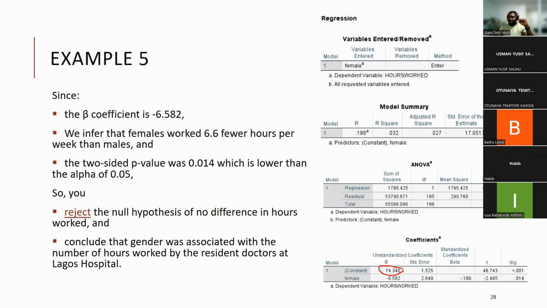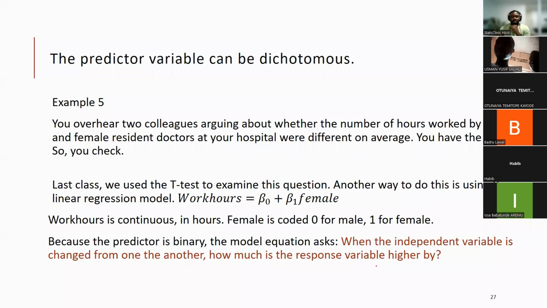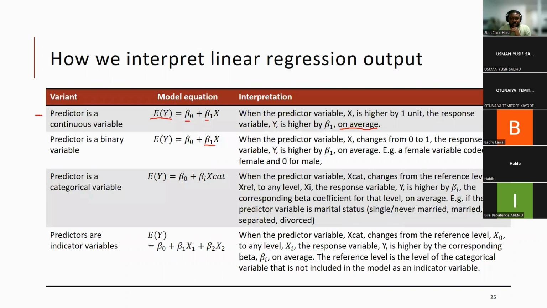So if you're interested in the average for the female, you add them together. All right, so that's the binary. Is that clear, or do we still have questions?